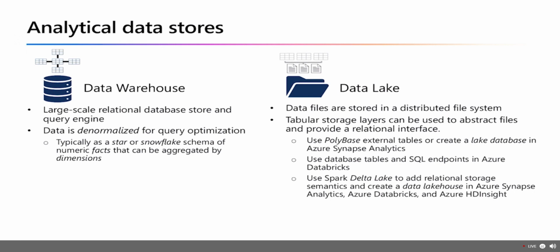These systems often apply a schema-on-read approach to define tabular schemas on semi-structured data files at the point where the data is read for analysis, without applying any constraints when it is stored. Data lakes, on the other hand, are great for supporting a mix of structured, semi-structured, and even unstructured data that you want to analyze without the need for schema enforcement when the data is written to the store.